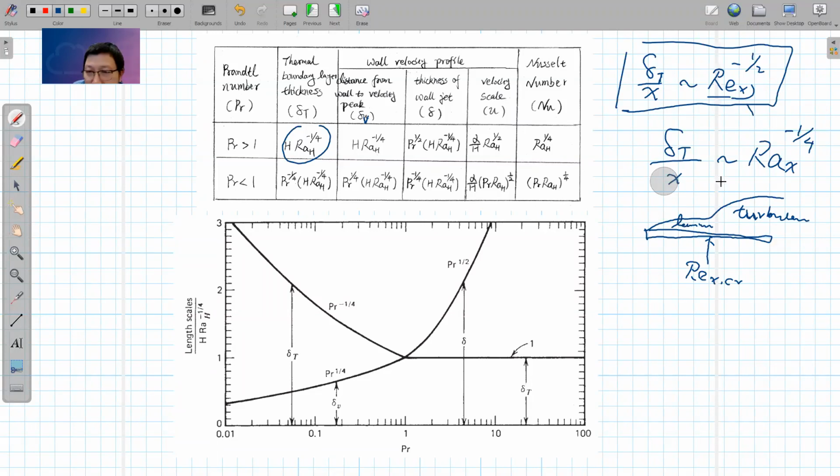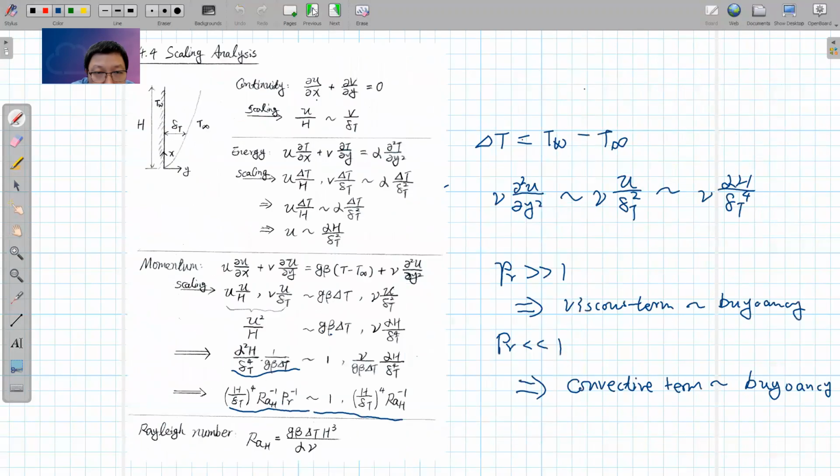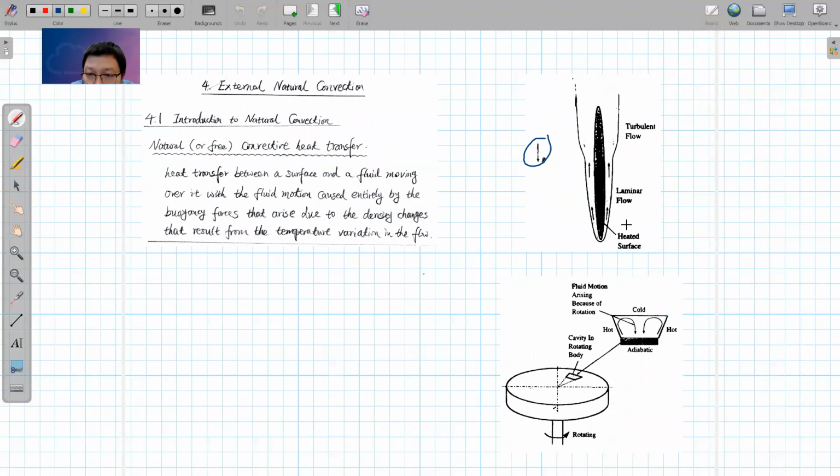Similar thing. This Reynolds number can also behave as a parameter telling us what the flow region will be. Let me go to our first page here. As we see here, even for natural convection, it may also develop to turbulent flow later on.